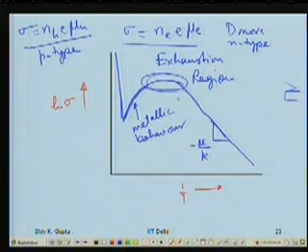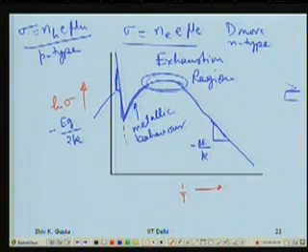Then we reach a temperature which is very high for the electrons from the valence band to get excited to the conduction band, and it becomes an intrinsic semiconductor, the slope being minus Eg by 2k, which is a very high slope.